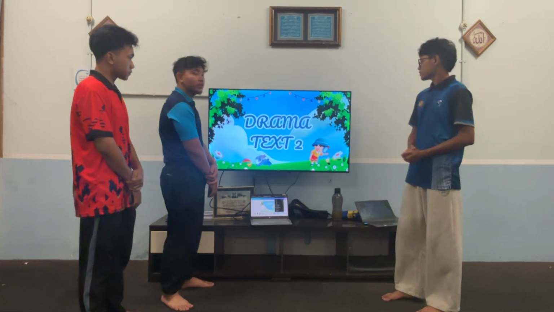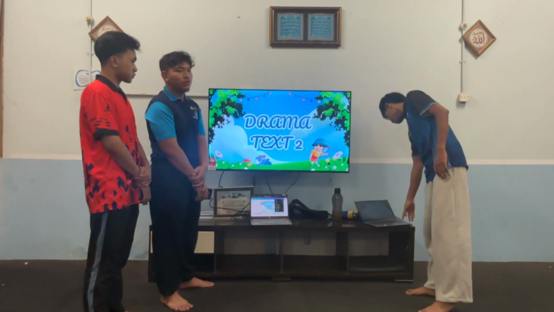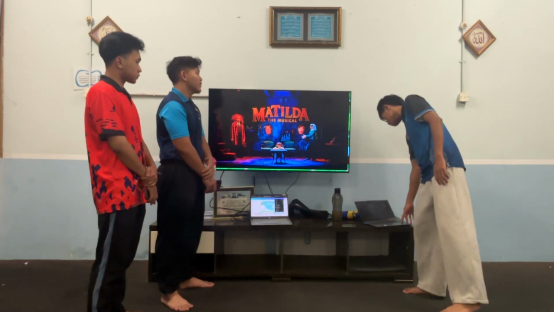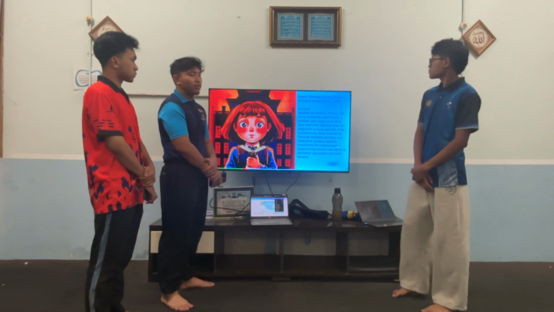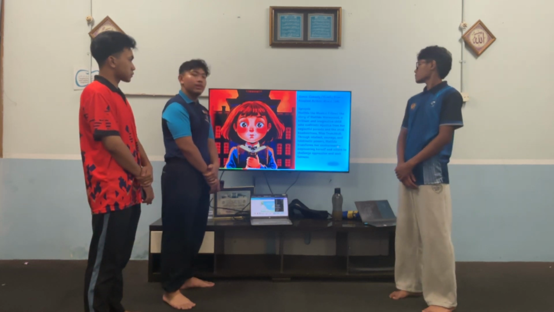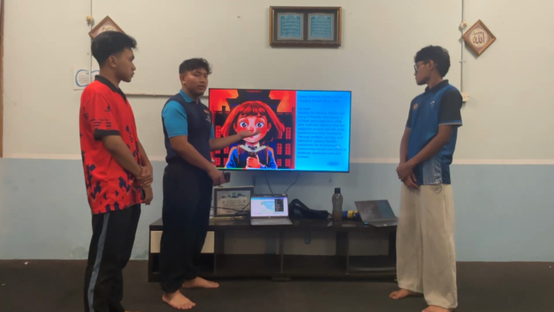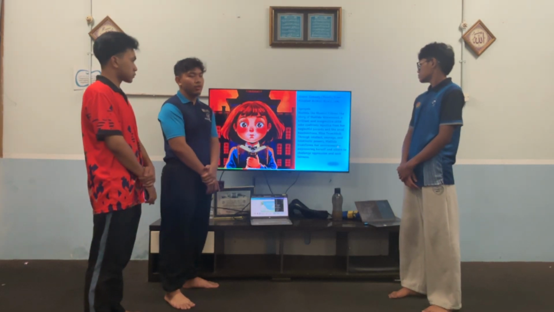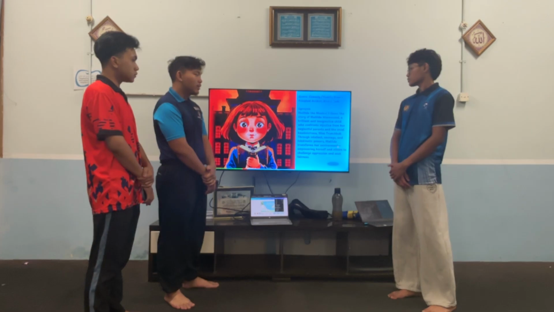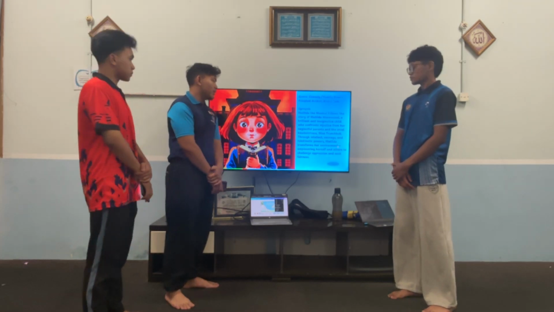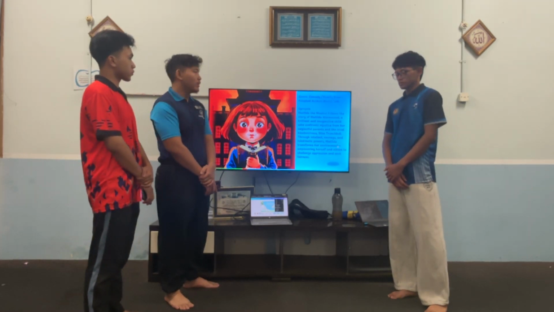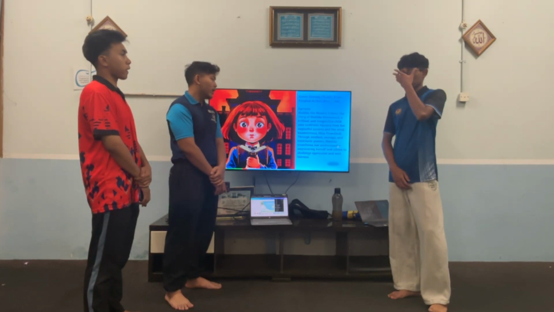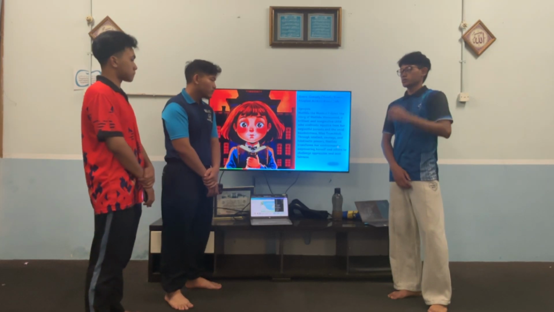Okay, so for our second drama of the day, we move on to Matilda the Musical. So what is the story about? The genre of the story is comedy or family drama. It is adapted from the author Roald Dahl, and the synopsis follows a girl named Matilda Wormwood, a brilliant and imaginative child who tries to confront injustice from her neglectful parents and the cruel headmistress, Miss Trunchbull.